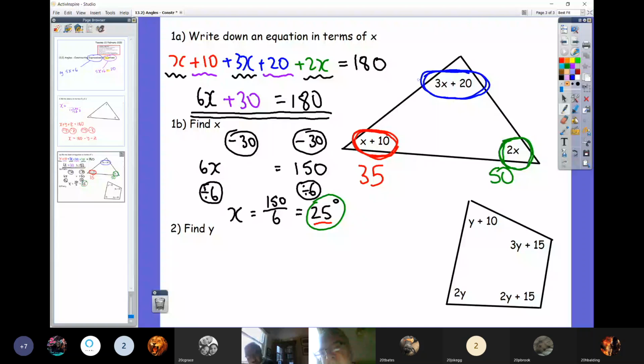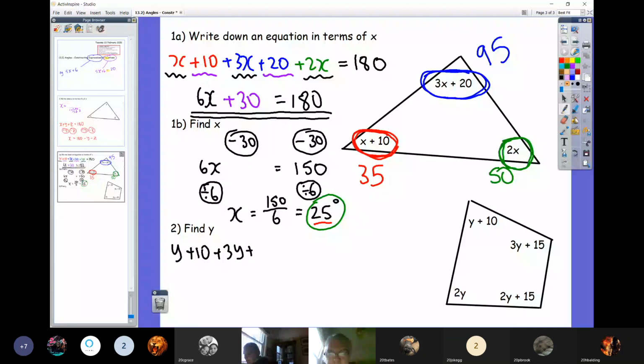Okay, now question number 2, very similar, but remember what fact you know about quadrilaterals. Angles in a triangle add up to 180, but angles in a quadrilateral add up to 360. So adding up all of those angles, the y plus 10, the 3y plus 15, the 2y plus 15, and the 2y, add that all together, and I know that must equal a total of 360.